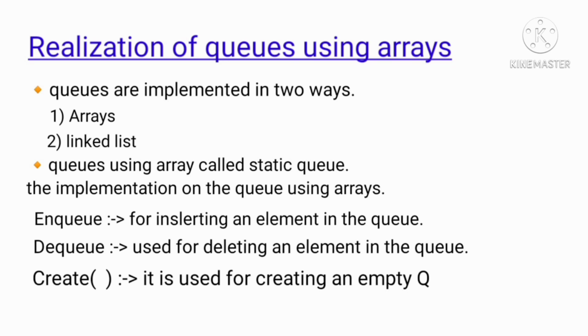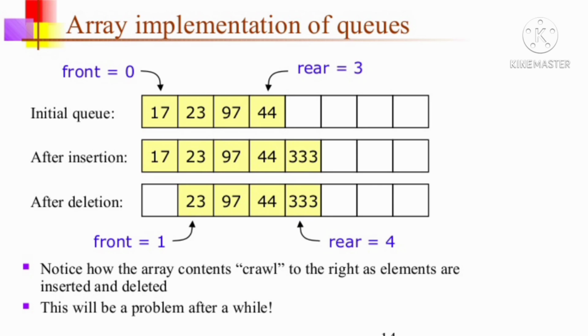Sorry, there is one mistake. Next one is dequeue. Dequeue is used for deleting an element in the queue. And create is used for creating an empty queue. Enqueue means inserting the element in the queue, and dequeue means deleting the element in the queue.